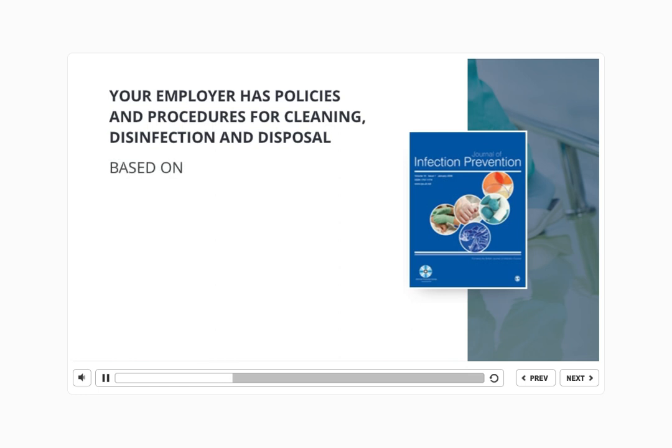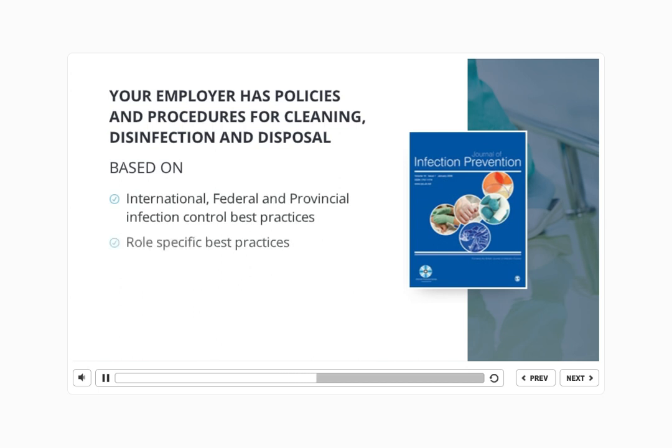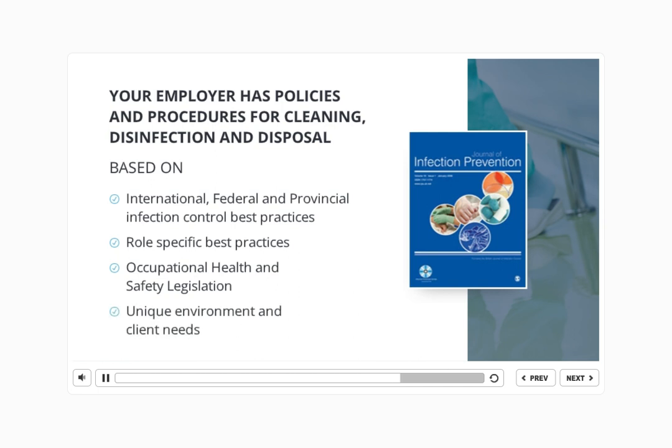These policies are based on research and best practices from international, federal, and provincial infection control organizations, role-specific best practices for healthcare workers, occupational health and safety legislation, and your unique environment and client needs. You must follow your employer-specific procedures.